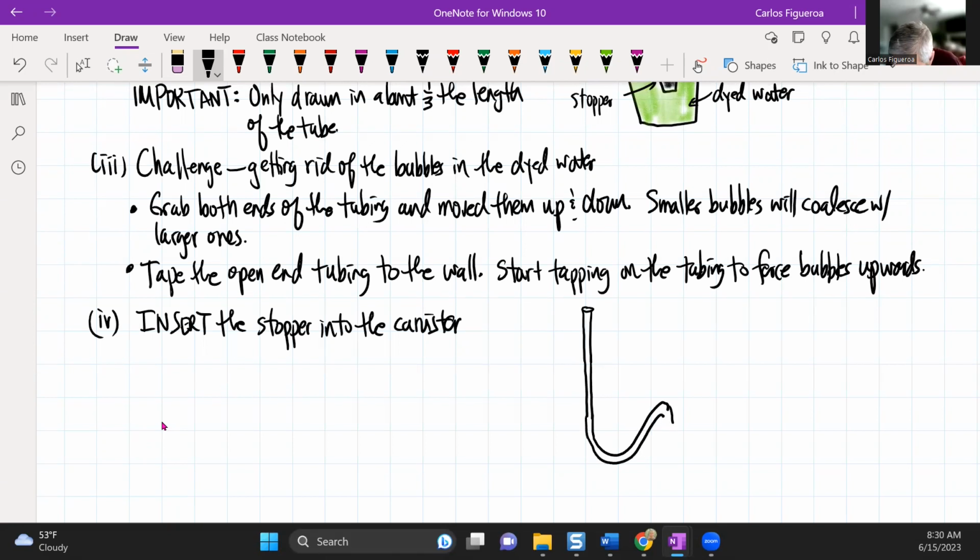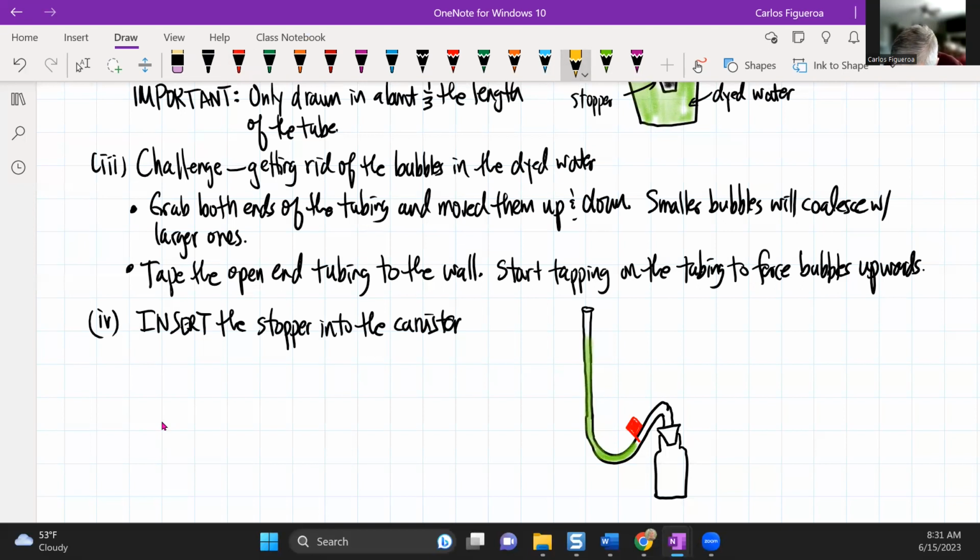And then this guy goes to the stopper. And then here's the canister. So what you're going to find here is that you're going to get this. Here is my dyed water. And then right here, I'm going to put my tape.